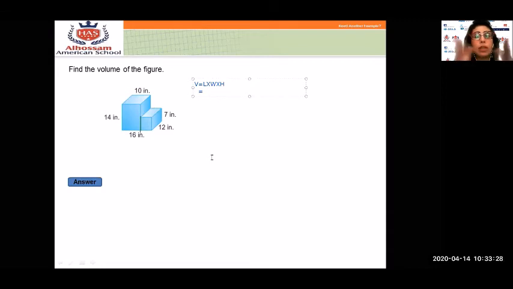Look, guys, 16 is the whole length. I don't need the whole length. I need only a part of it, right? And the part of it is 10. Look at the other length on the other side.